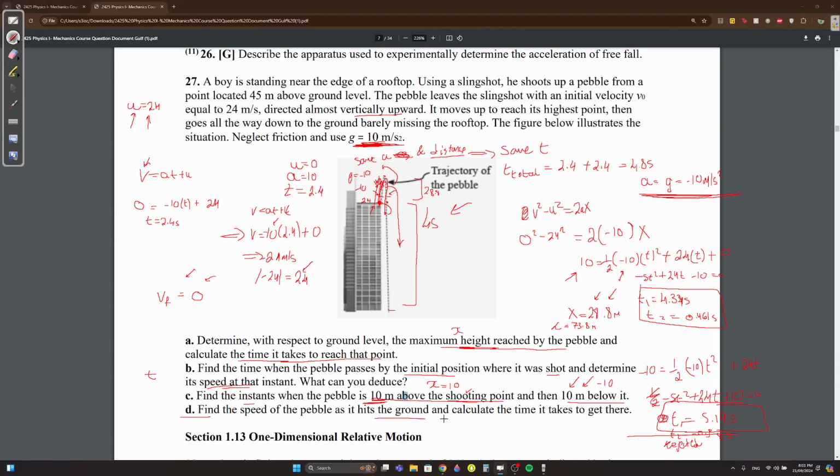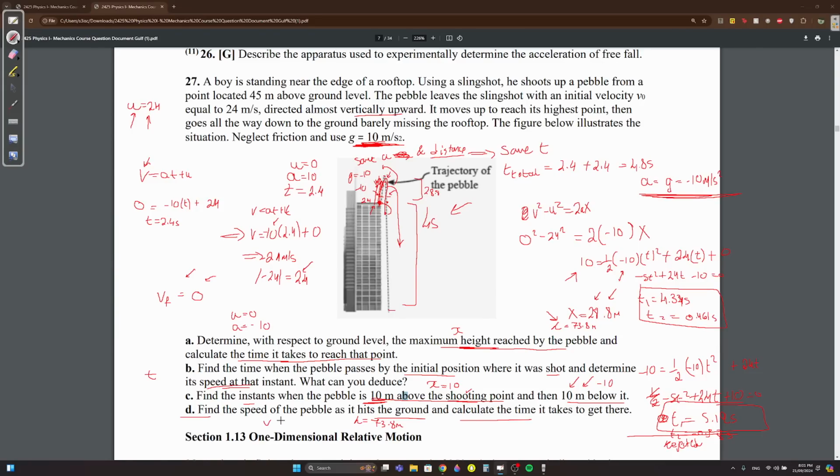For part D, find the speed as it hits the ground and calculate the time it takes to get there. Now we have the height 73.8 meters. We have u, which is 0 in this leg here. We also know the acceleration is -10, and we want v.